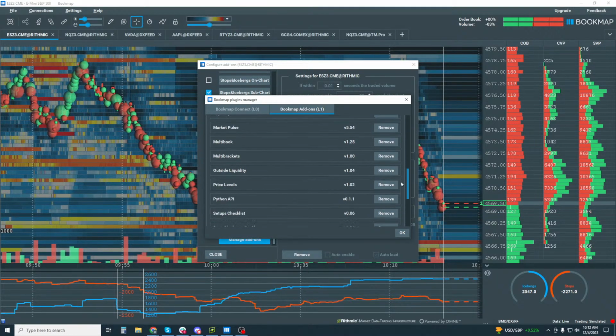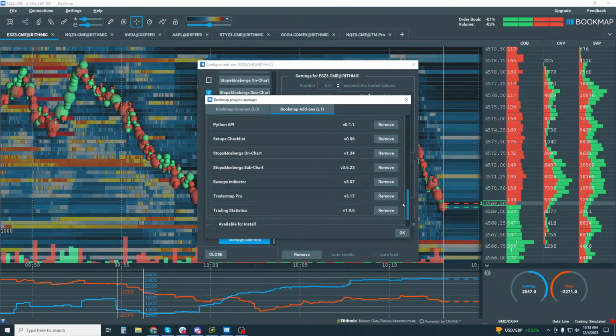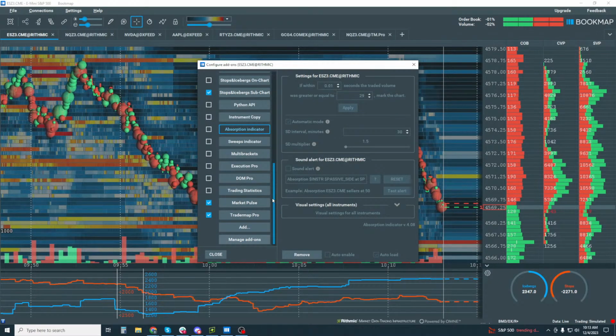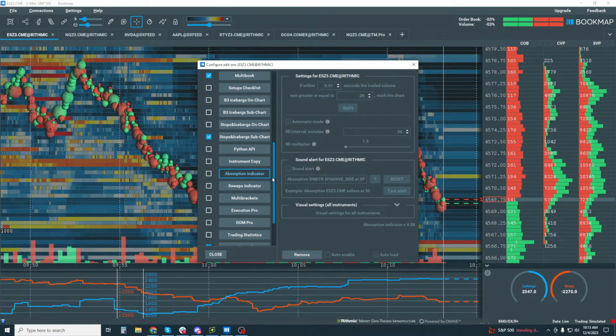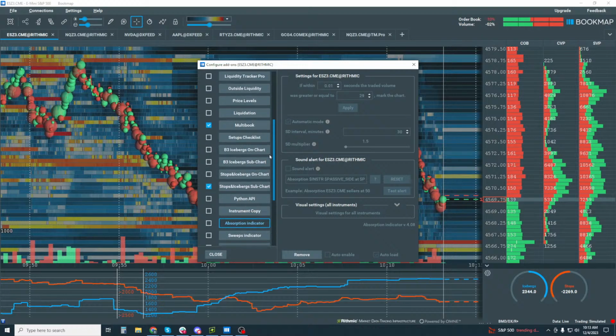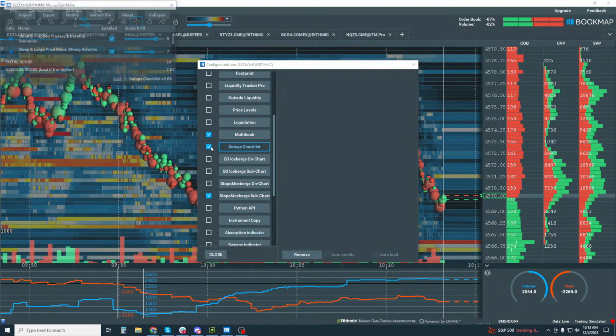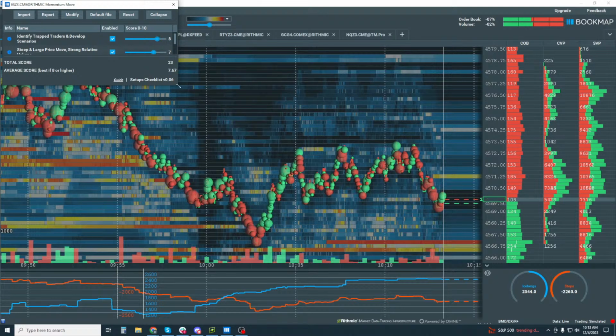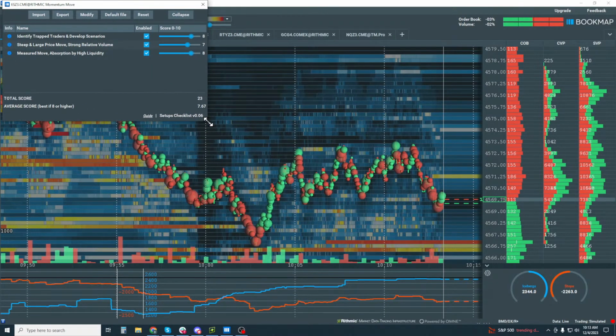Let's take a look. Setups checklist, and there it is. So I have it in here, I just need to go find it. Okay, it is right here. What I want to show is that same process we just went through.